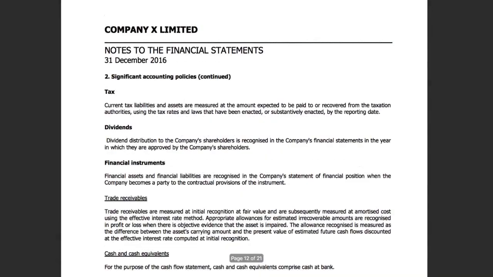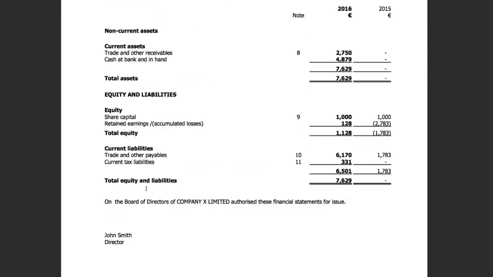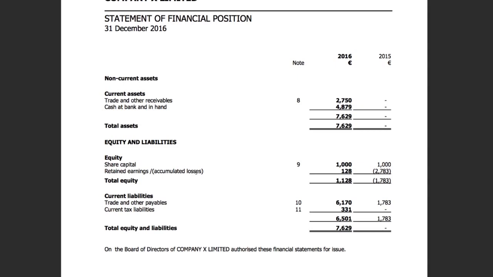Moving backwards to page 5, we have covered 50% of the financial position of the company. We see that in the previous year, 2015, there was no money in the bank and the company was not owed anything. But in 2016, the company was owed almost 3,000 and it has in its cash at bank and in hand almost 5,000 euros sitting there.